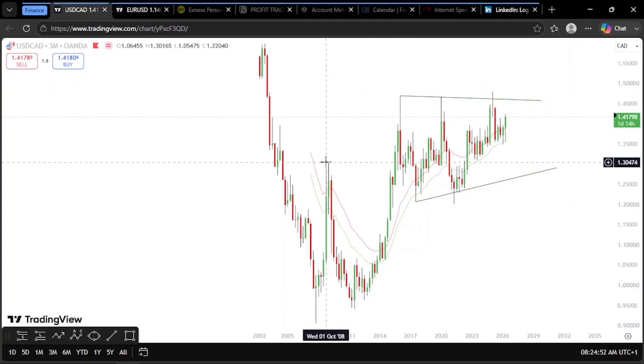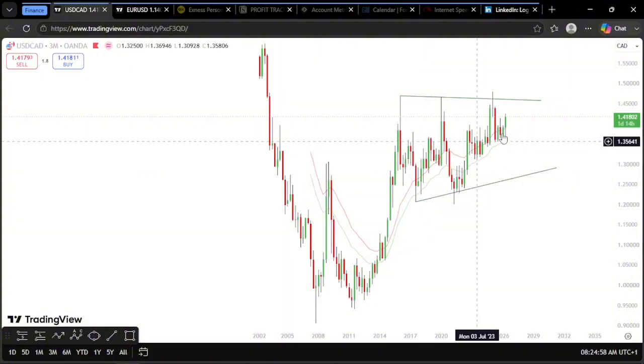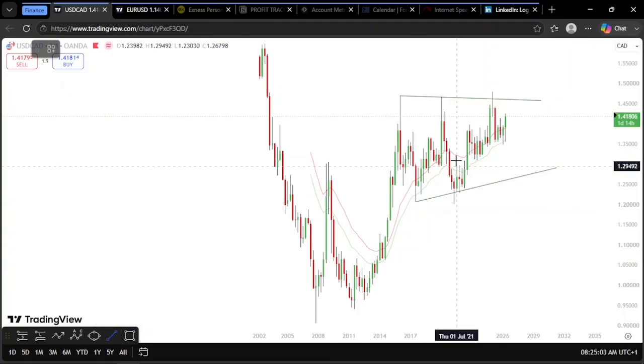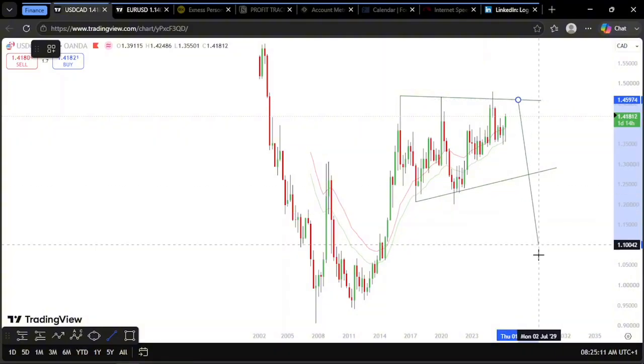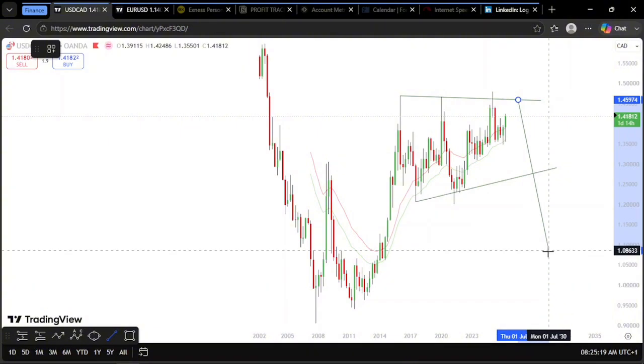After we broke this high here, what we're going to be looking for is a counter trend move. Our expectation now, bias or direction on the 3 months time frame, will be for price to come all the way to somewhere here.